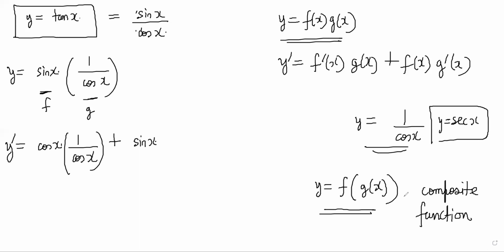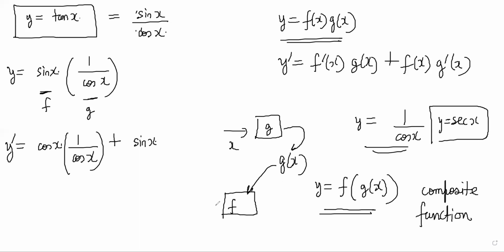So g is first. You take an x, this is a g machine, it gives an output g of x, and this output is fed to an f machine, and that gives an output f of g of x, right?